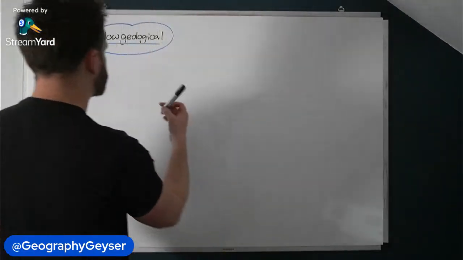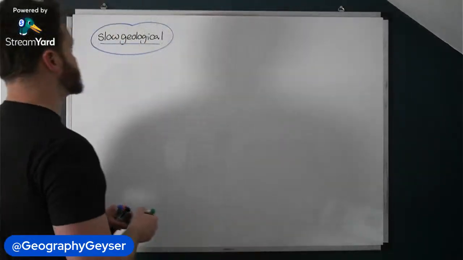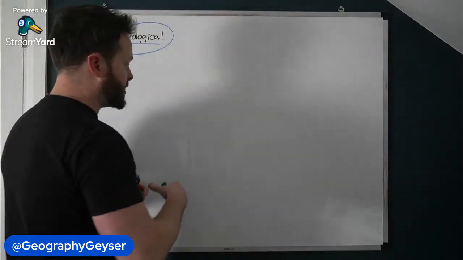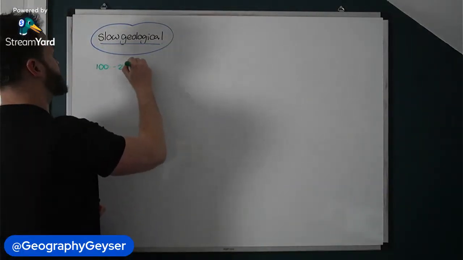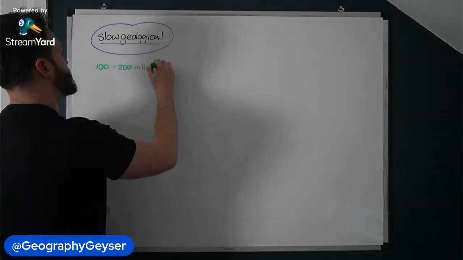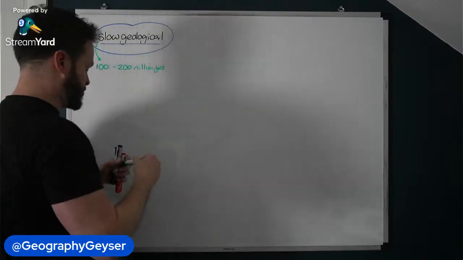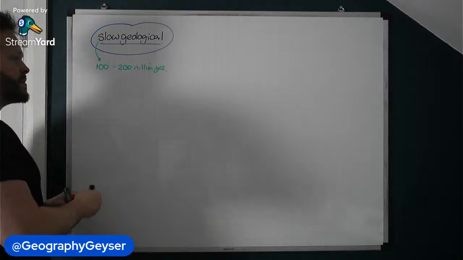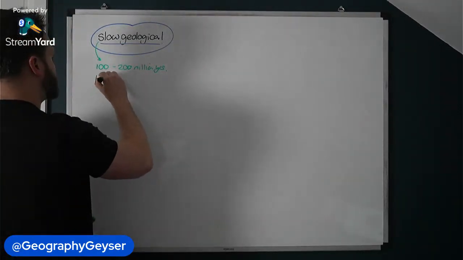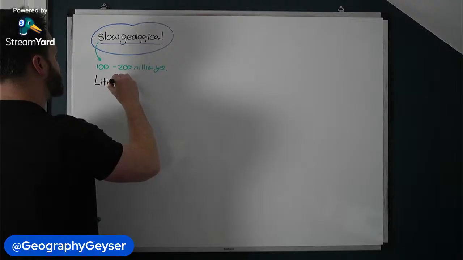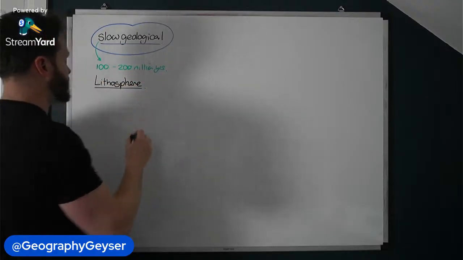So the slow geological cycle was what we were looking at last week, and your main processes here were occurring over timescales of around 100 to 200 million years, hence the slow geological cycle. If you remember, one of the core components that made it slow was that we are reliant on the movement of carbon through the lithosphere.